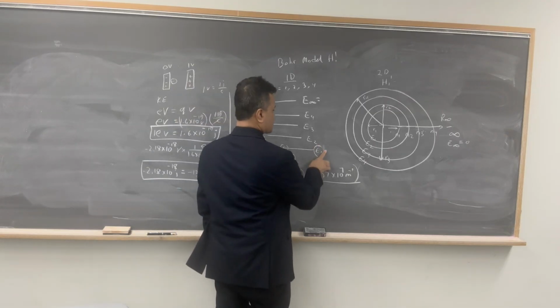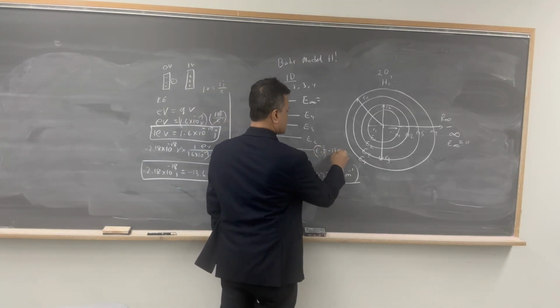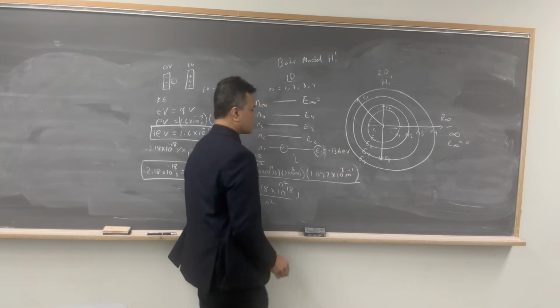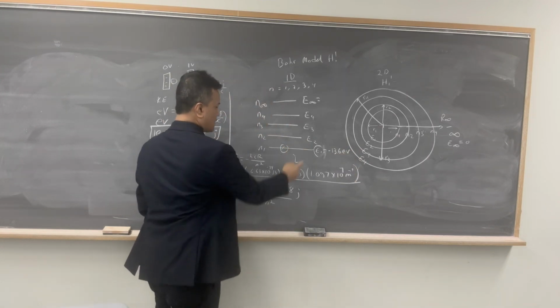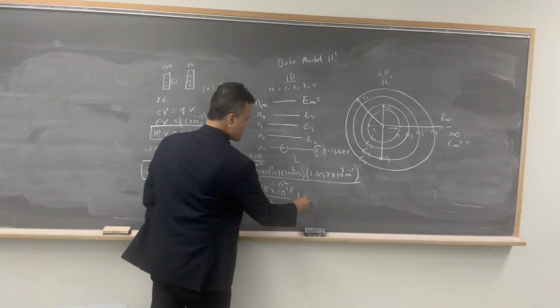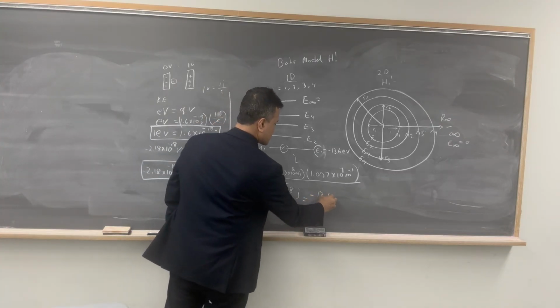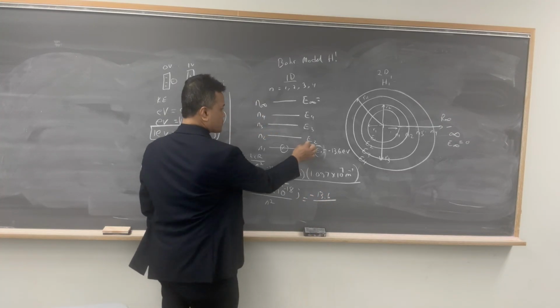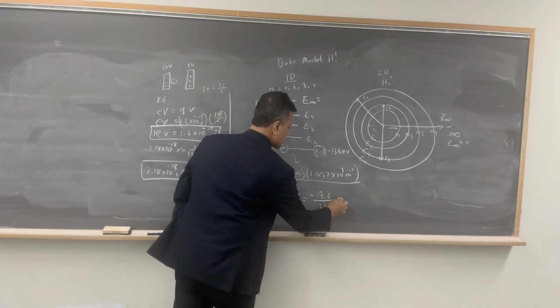So this one is negative 13.6 electron volt. Then for n equals 2, you can say negative 13.6 divided by 2 squared.